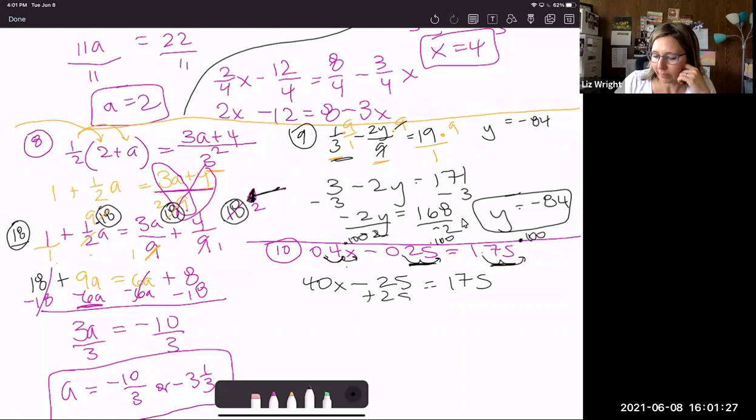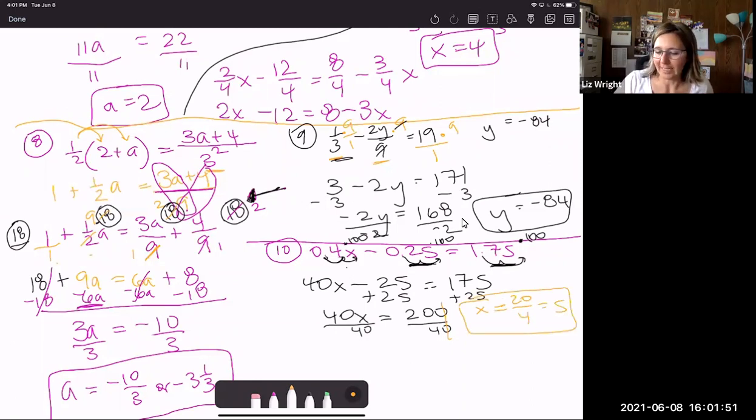Add the 25. And then we're going to get 40x equals 200. Divide both sides by 40. Can divide them both by 10, and you're going to get 20 over 4, and then keep going, and we're going to get 5 for your final answer.